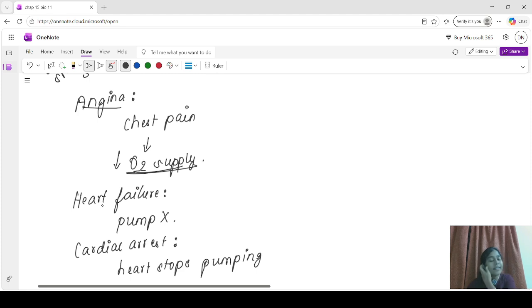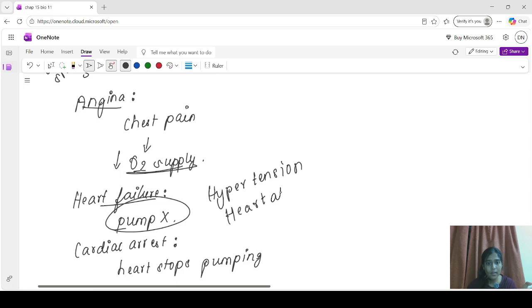Okay, and the next thing that comes is heart failure. What is heart failure? Heart failure means the heart is unable to pump sufficient blood, and it is also called congestive heart failure. And heart failure is caused due to long-term hypertension, previous heart attacks, and all.